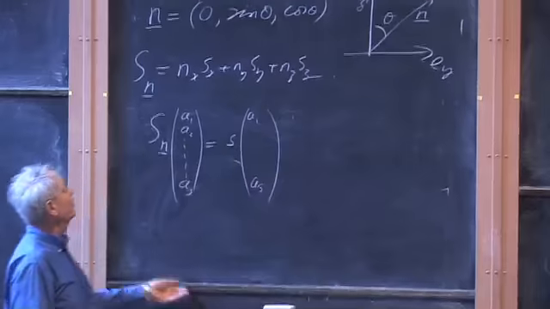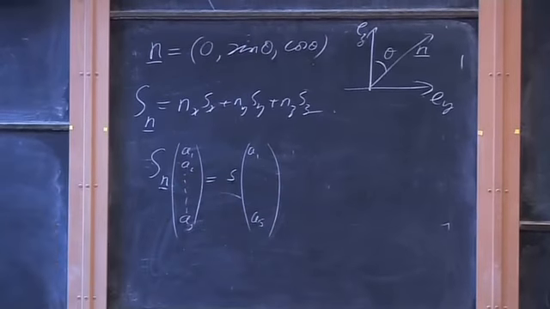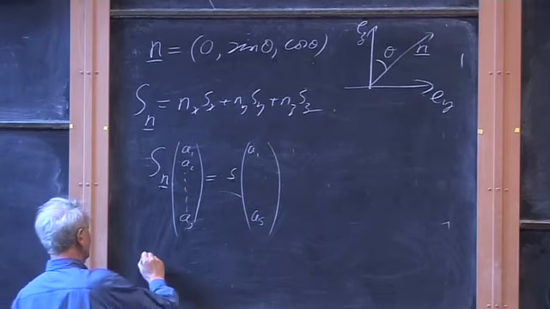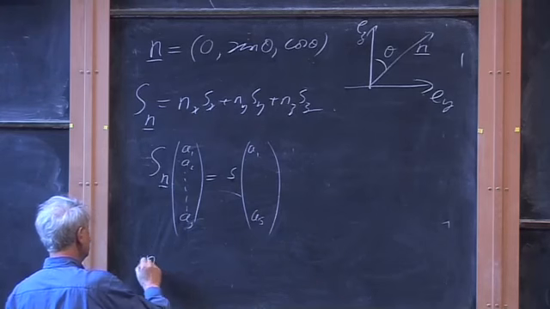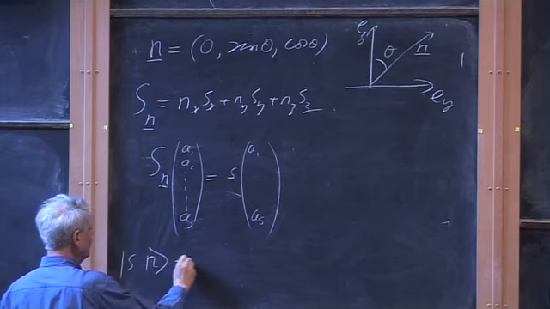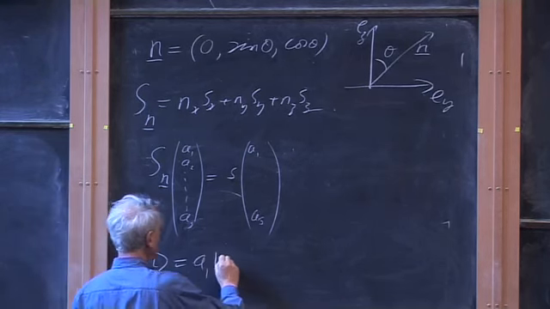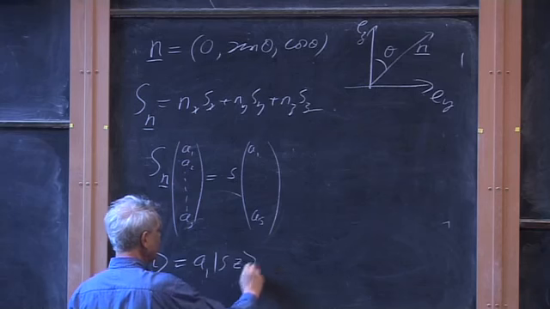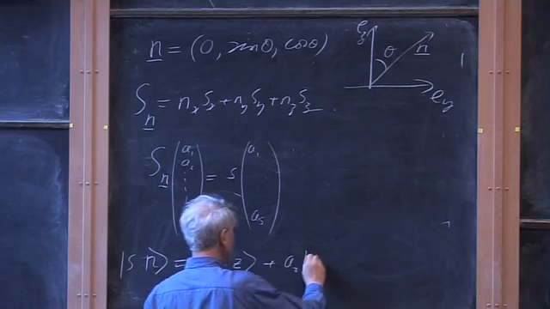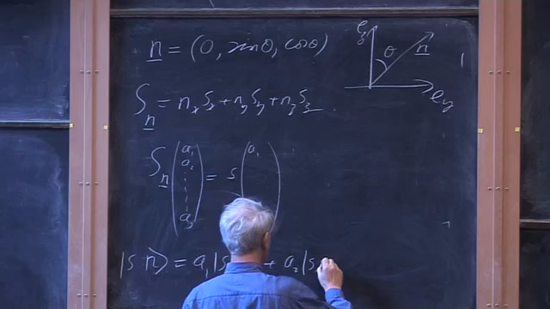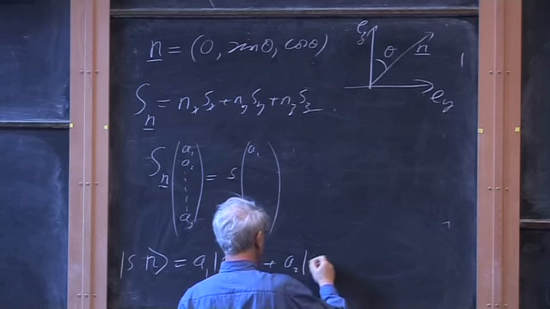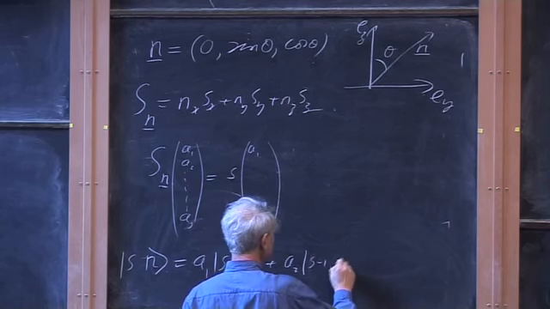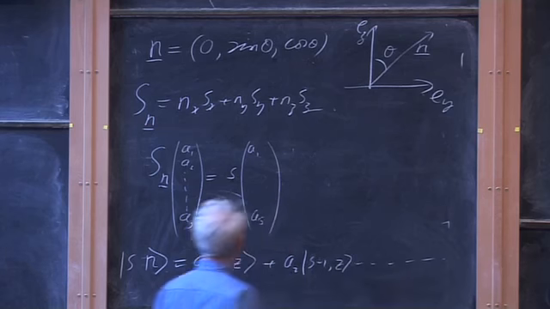relevant linear combinations there. So what we're saying is that the state |s, n⟩ in the direction of n is going to be a1 of |s⟩ in the direction of z plus a2 of |s minus 1⟩ in the direction of z plus, and so on.